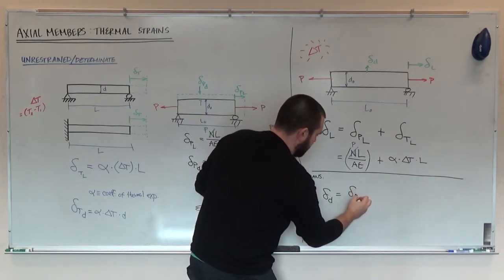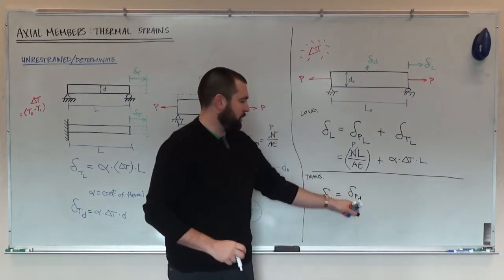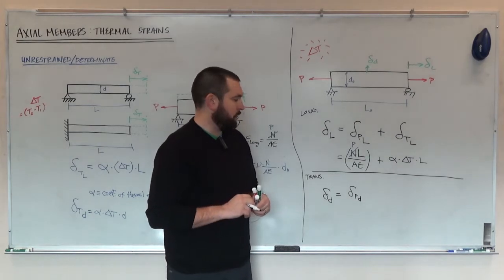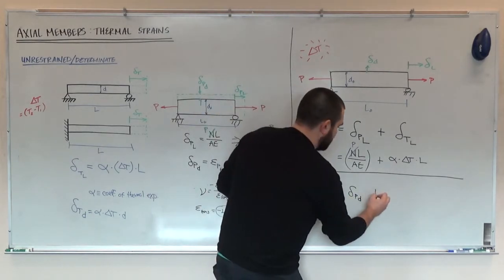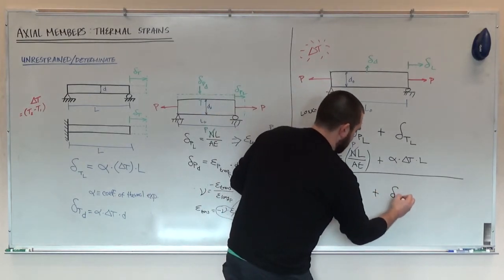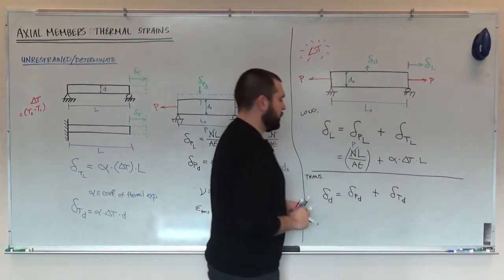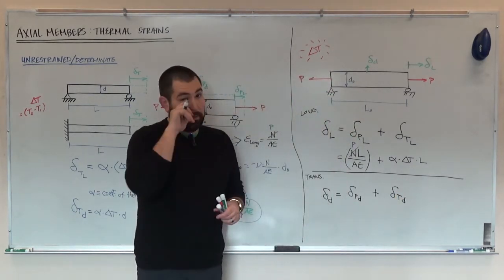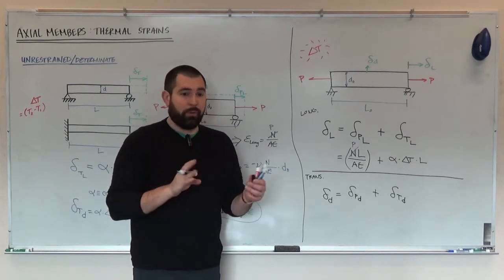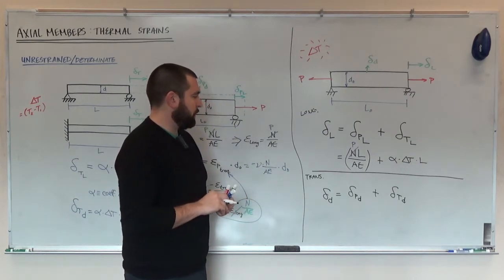So delta P sub D, the change in depth due to the applied force, plus the change in depth due to the thermal effects. And this is where keeping the two of them separate is really critical.